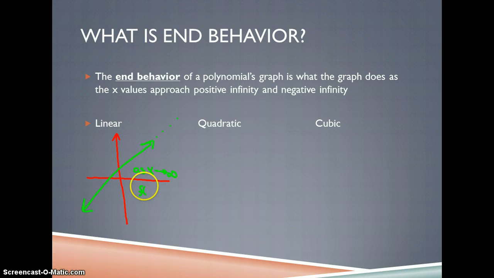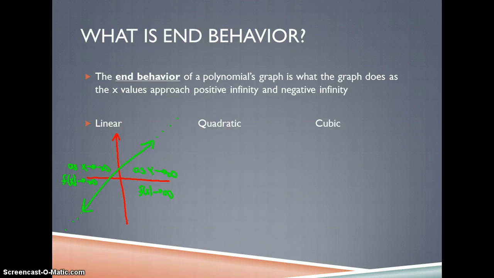So f of x would also go to positive infinity. That's what we're talking about with end behavior. Out here, as we're going to the left, as x goes to negative infinity, f of x, these values are going down further and further, f of x is also going to negative infinity.